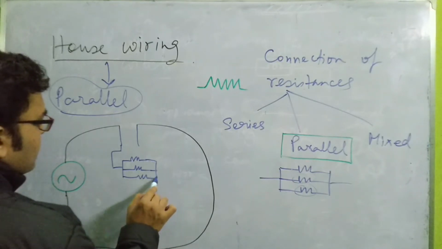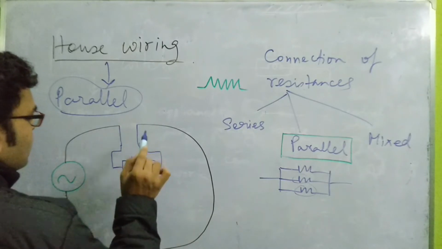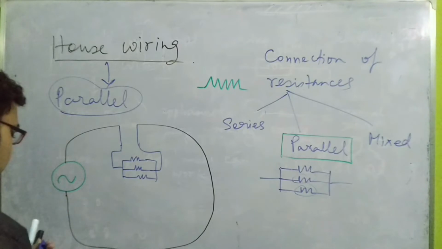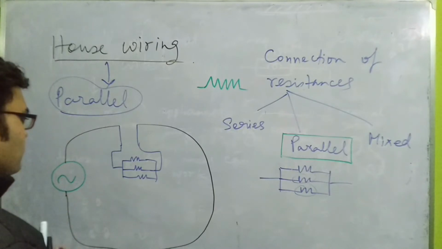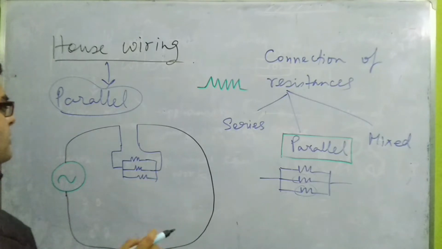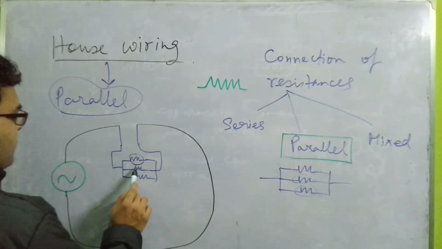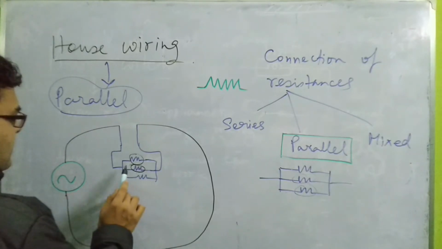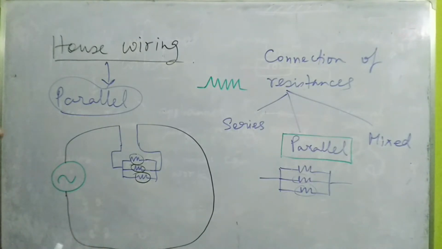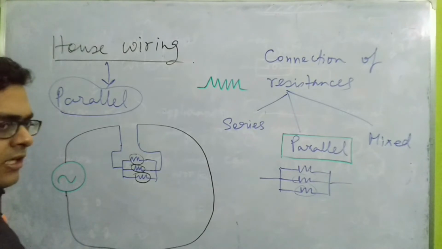Now all these 3 wires are again connected back to this main circuit. So these 3 wires represent 3 connections to your 3 rooms. Say there is one light in each room. So this is the light in the first room, this is the light in the second room, and this is the light in the third room. In this way you can connect the 3 rooms in parallel.